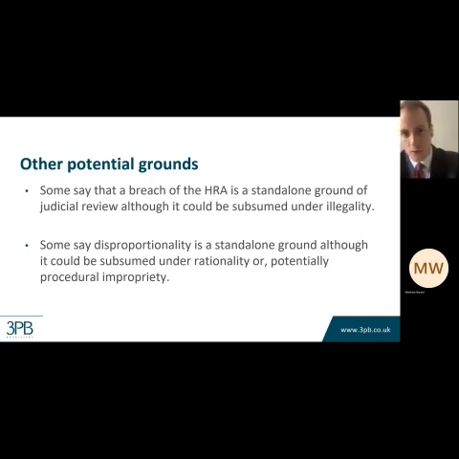You haven't, therefore you've broken the law. But it could also be seen as a standalone area, because human rights litigation is legion, and it has a very specific jurisprudence that needs to be considered when bringing a claim, and sufficiently large, I think, to be a standalone ground in many ways.